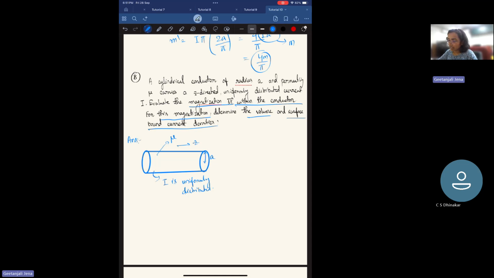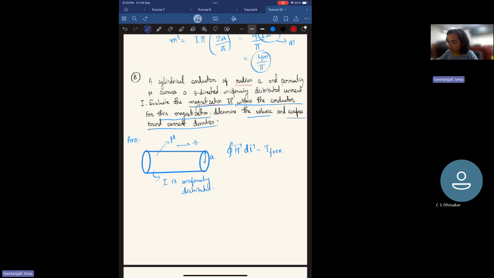So for magnetization, we need the information about H, right? So first find H, and H is related to the free current, so we need to use Ampere's law: the integral of H dl is I free.